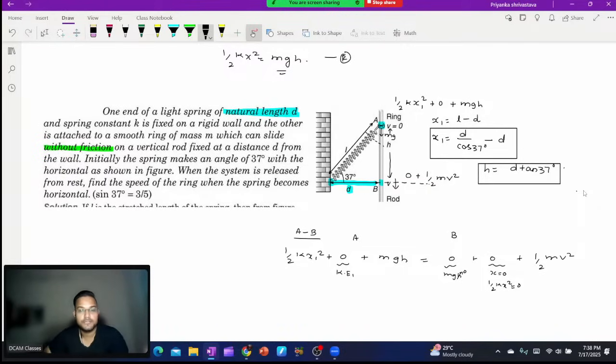Haripriya, tell me, was it difficult? No, it was easy only, no? I don't know why. Radhika, was it difficult? It was a little confusing, but now it is fine. You get scared seeing the diagram.